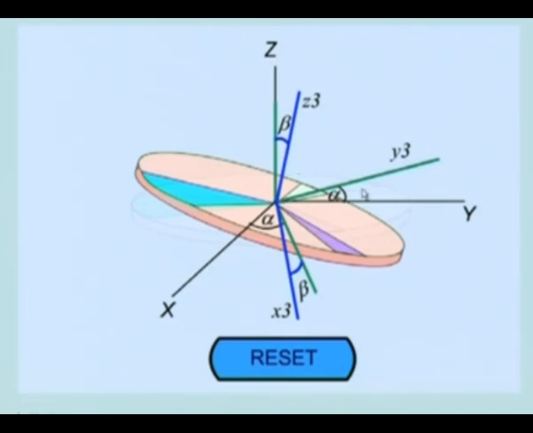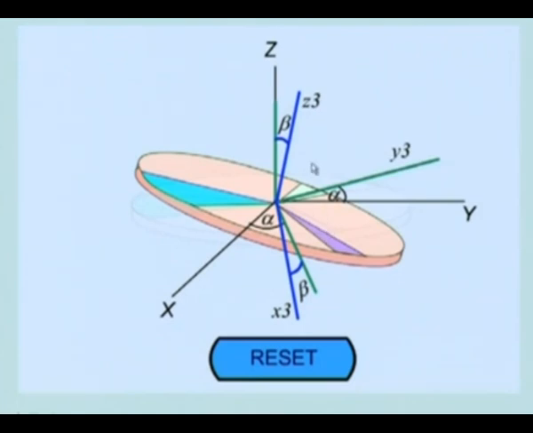Now the line of intersection of the x2y2 and x3y3 planes is known as the line of nodes.